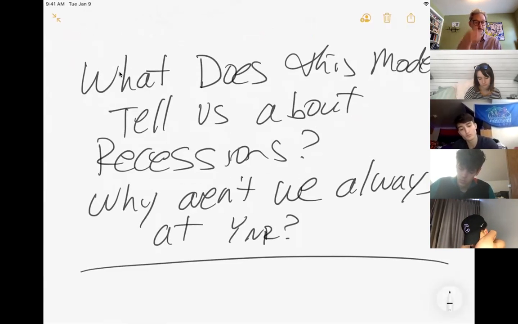What does this model tell us about recessions? So I want to just show you that I think you already know this, but we're not always at the natural rate.